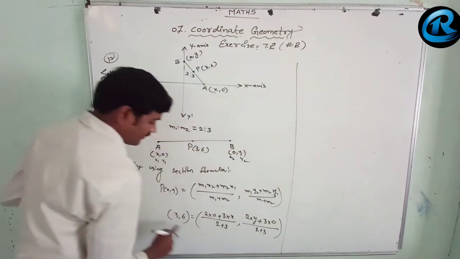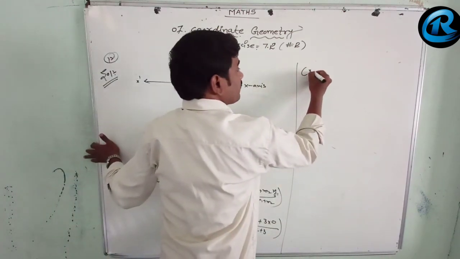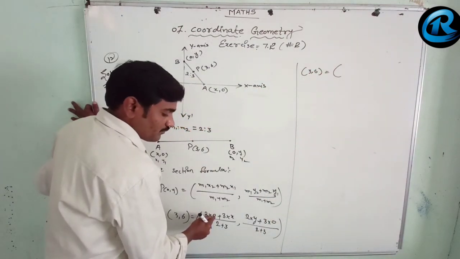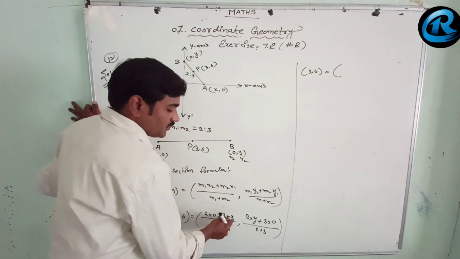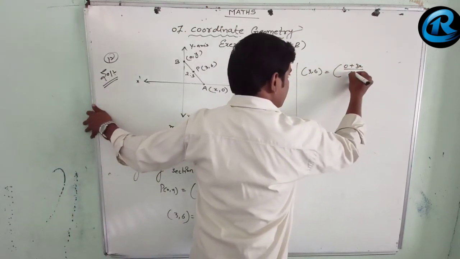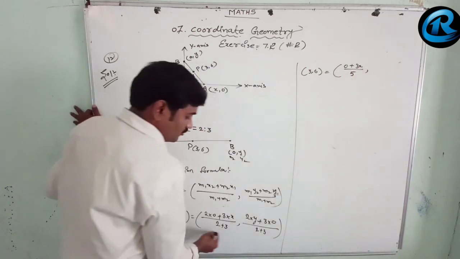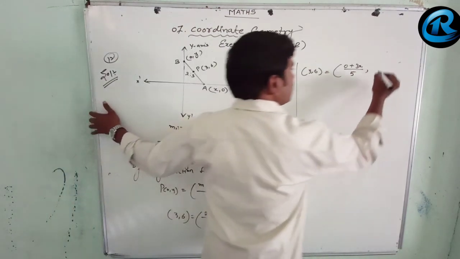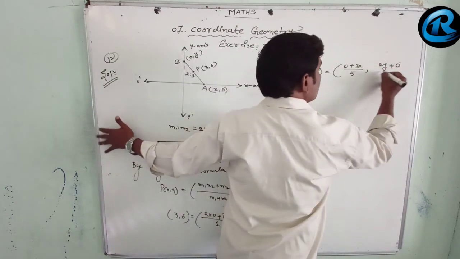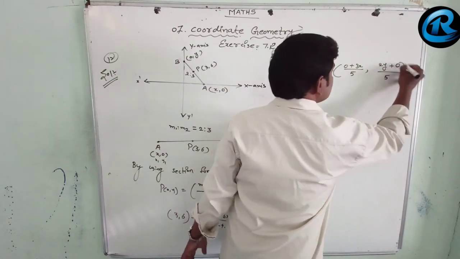Let us do it again. Here (3, 6) equals (2 into 0 plus 3 into x, which is 3x, by 5, comma, 2 into y, which is 2y, plus 3 into 0, which is 0, by 5).